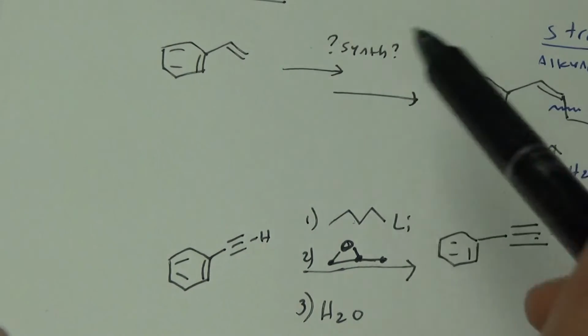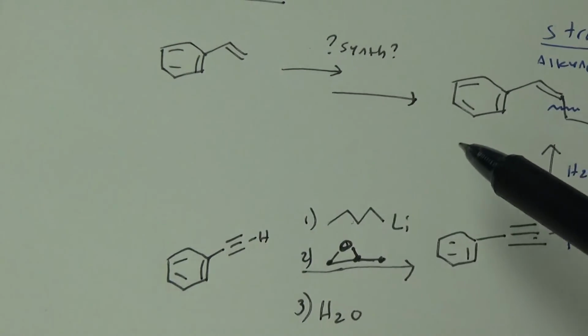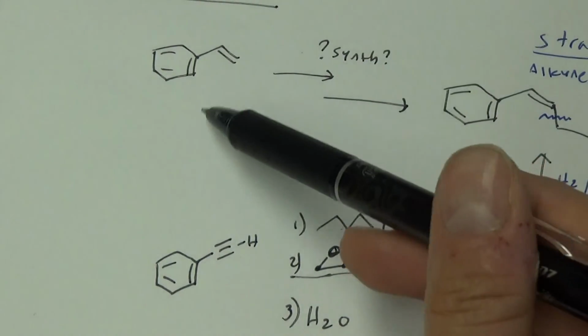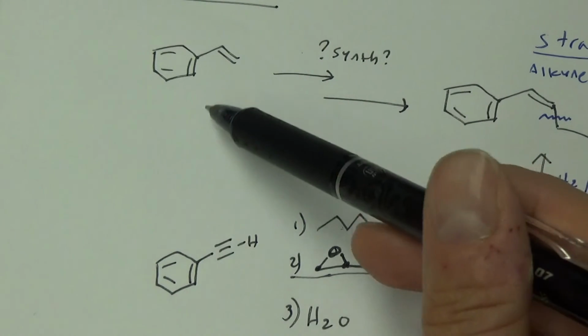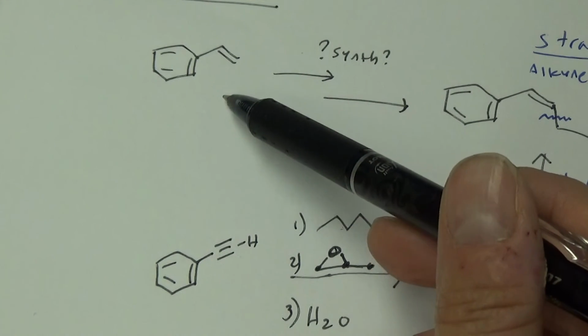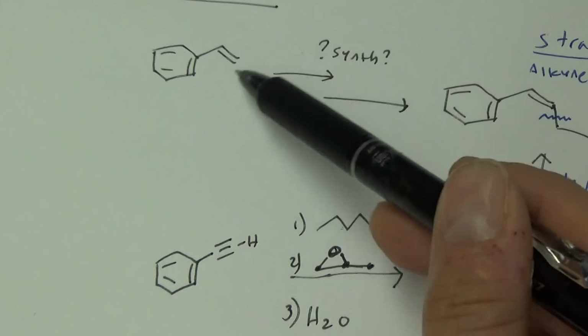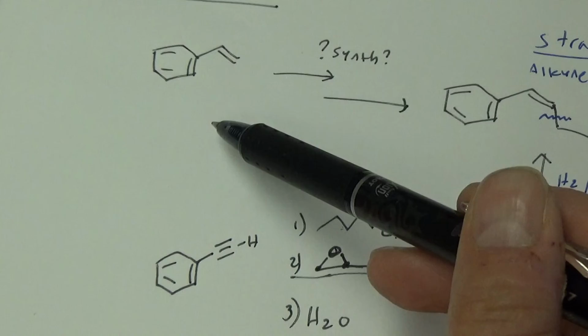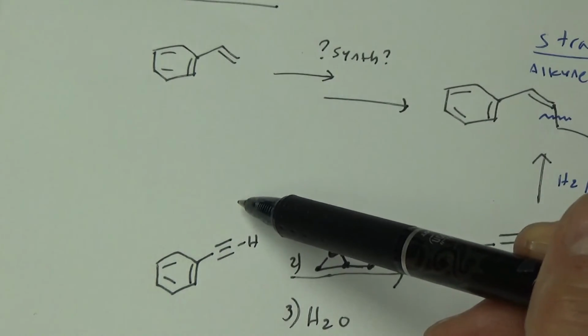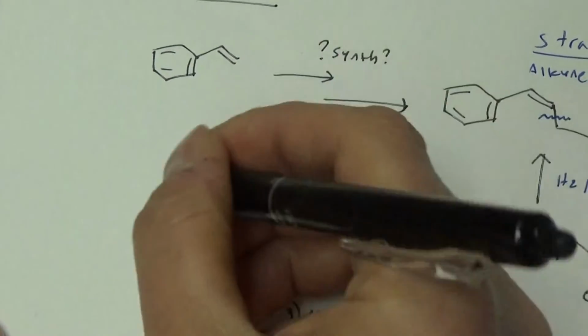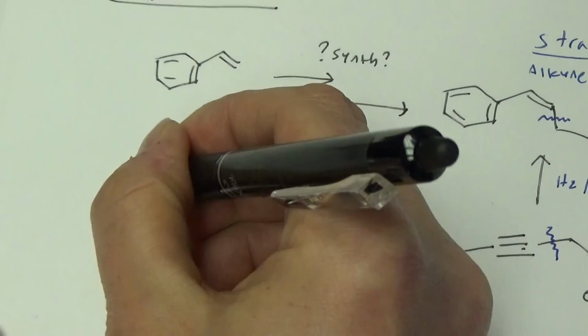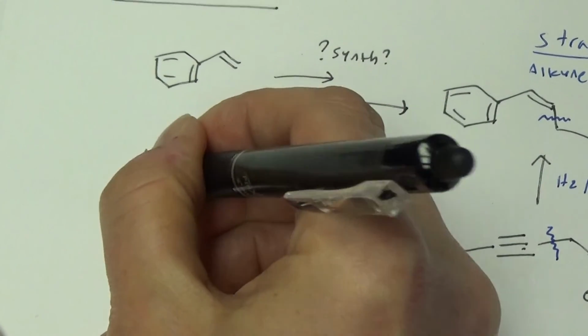Of course, how do you go from an alkene to an alkyne? Well, we learned that first thing in this chapter. It's a 2-step process. Remember that? It's the double elimination. First you dibrominate an alkene, and then you double eliminate it with a base. So if I go backwards, this is where you need to know your reactions.